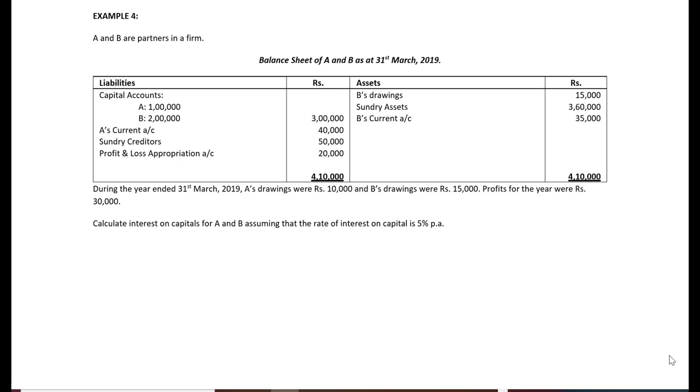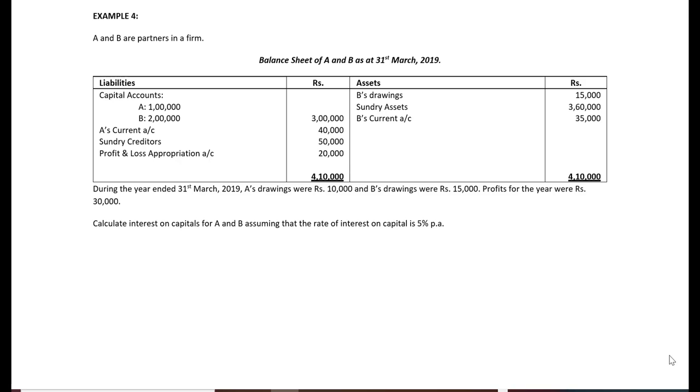A has a current account credit balance of rupees 40,000, whereas B has a current account debit balance of rupees 35,000. The balance of profit and loss appropriation account, the amount still appearing in the liability side is rupees 20,000, and B's drawings to the extent of 15,000 appears in the asset side of the closing balance sheet.